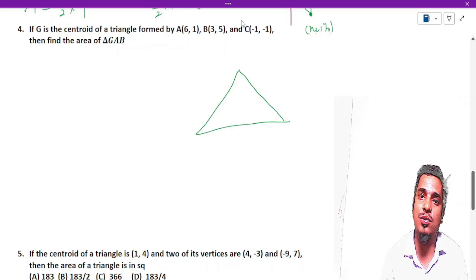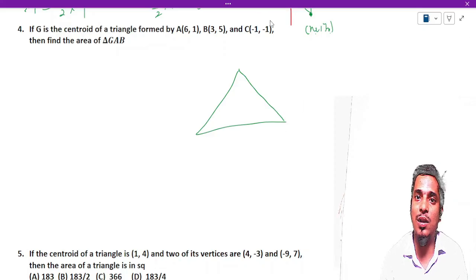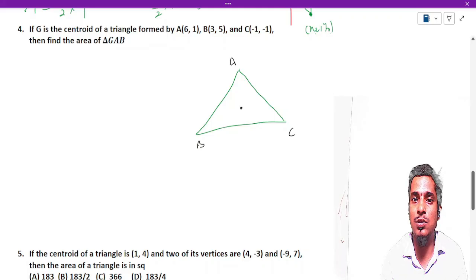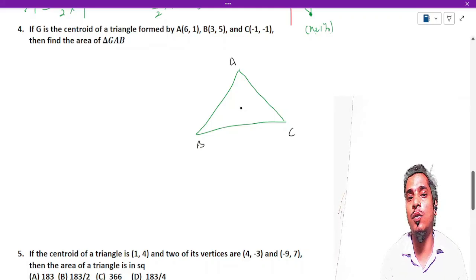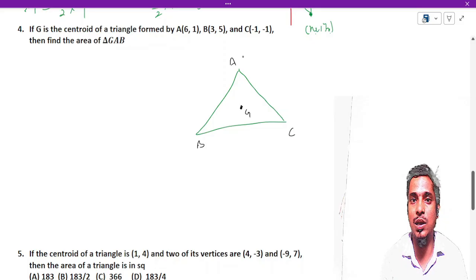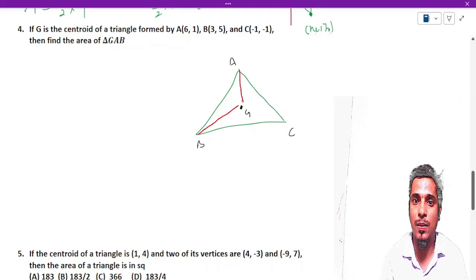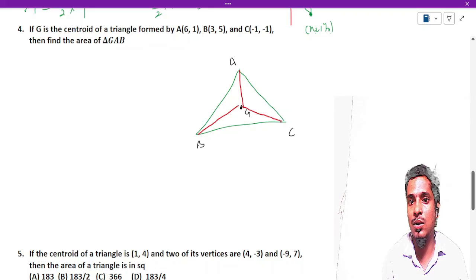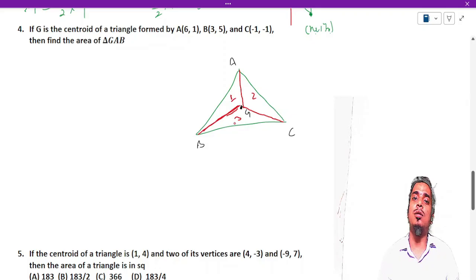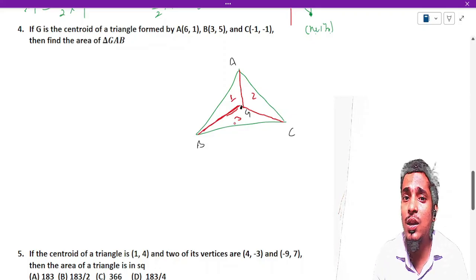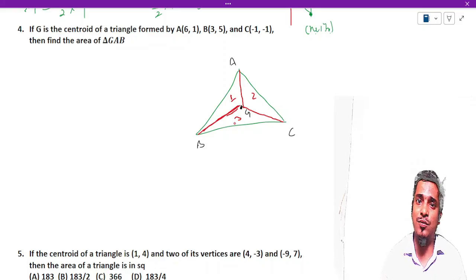Over here, one thing we have to just remember: if we have a triangle ABC, and here G is nothing but the point of intersection of the medians of the triangle, and we join this centroid with each of the vertices, we'll find that three triangles will form. This triangle, and this triangle. These all three triangles are equal in area. This thing we have to just remember.